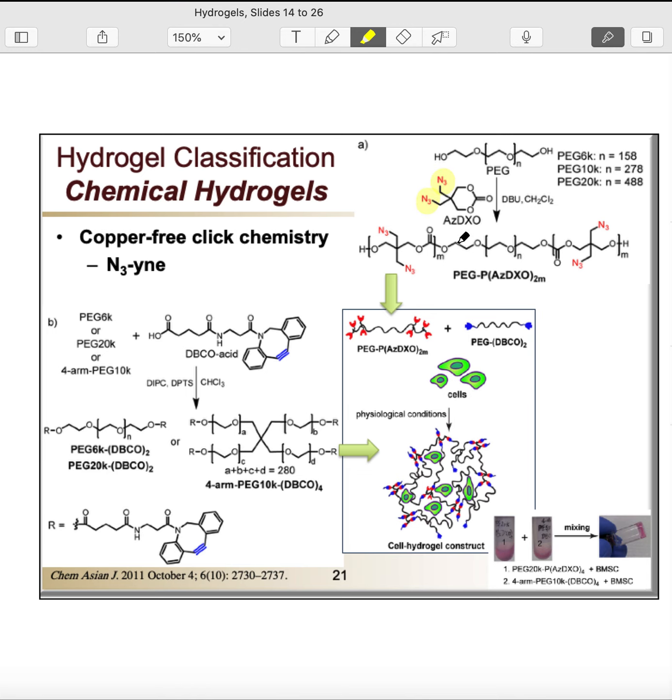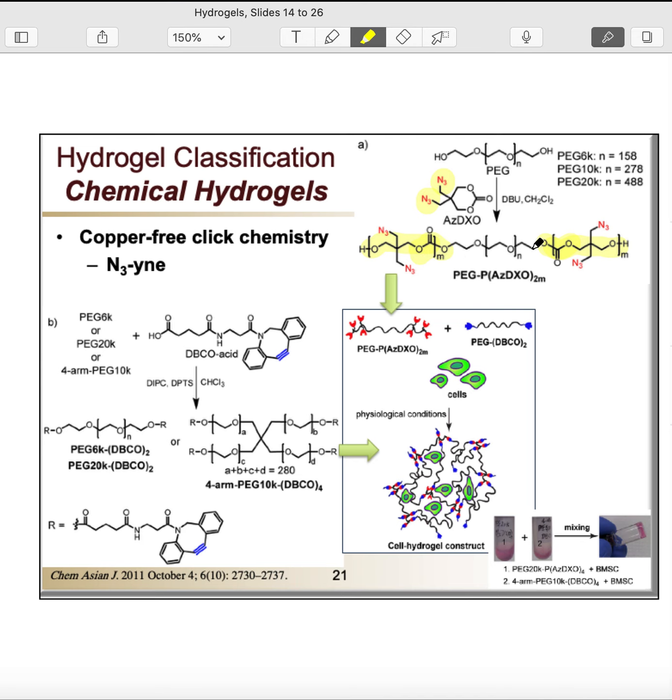So upon ring opening, basically what they end up with is a polymer on both sides of the polyethylene glycol that contains the azide groups. Now, one thing to notice is that this polymer is actually a polycarbonate that contains this carbonate group right here, and right here, which is actually degradable as well.